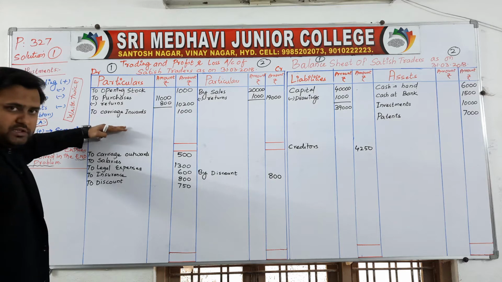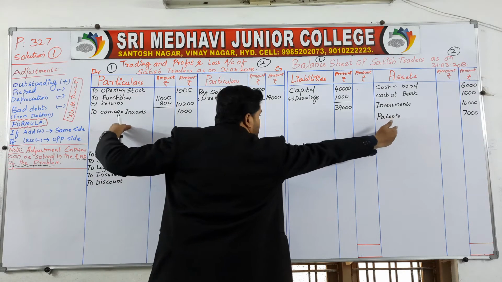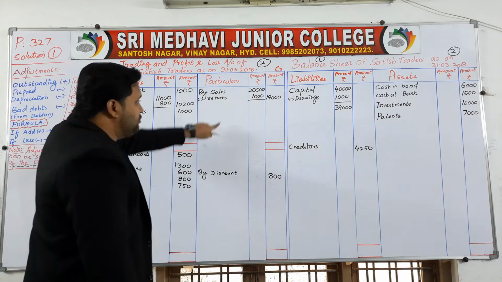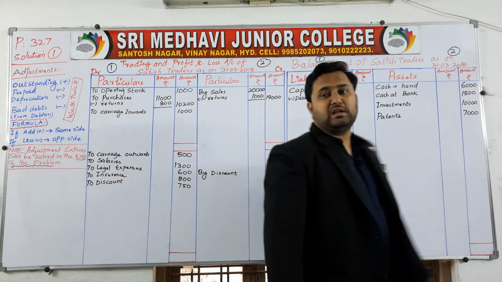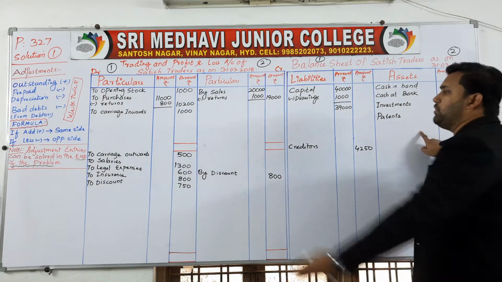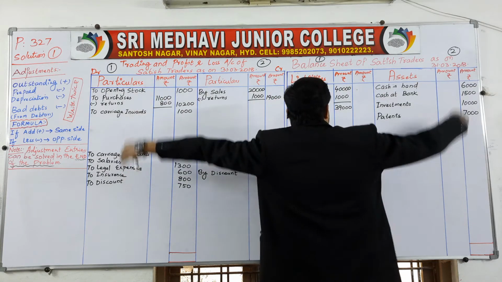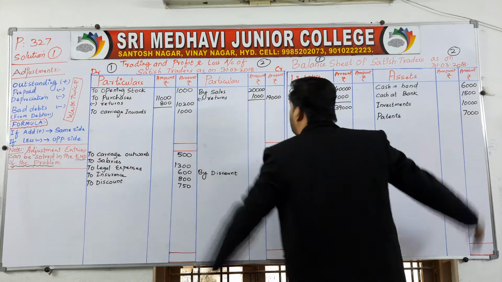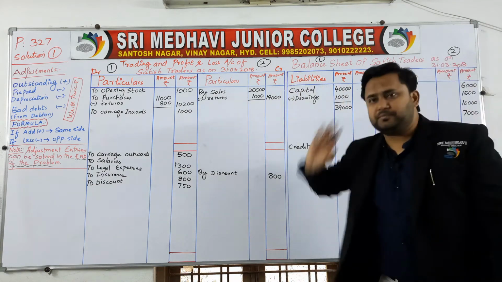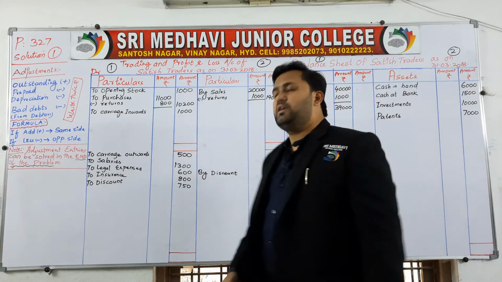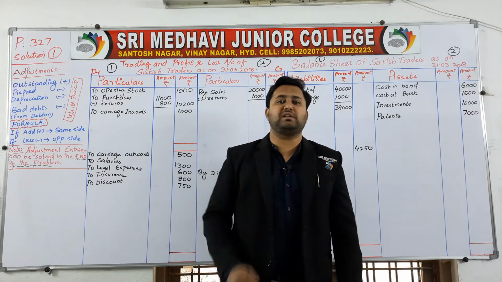Similarly, for this side 2 opposite is side 1, and for this side 1 opposite is side 2. This is how you are going to solve the adjustment entries, the trick which I have prepared for you for your better understanding for online classes.